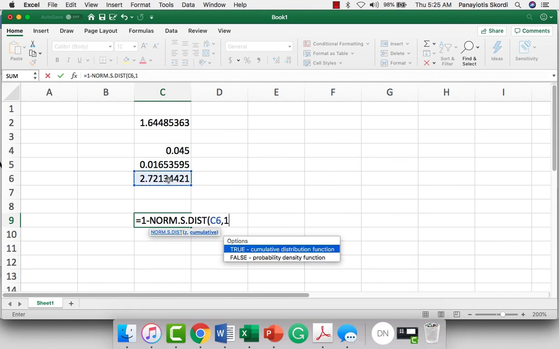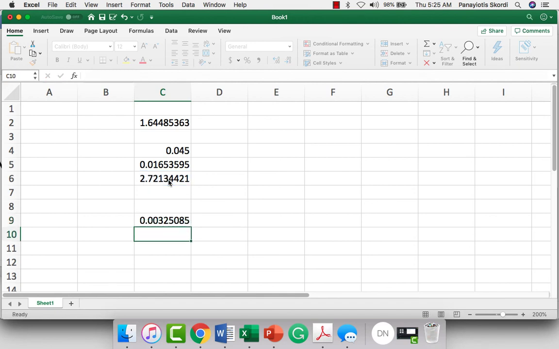It's up to you how you do it. And that's going to give me 0.003. Where's that as a percentage? So we can compare it to the 5%. Let me make that a percentage. I'm just going to click on this up here to make it a percentage. It's coming up with 0%, and that's because it's so small. Let's actually move the decimal places. It's actually 0.33%. It's less than 0.5%.